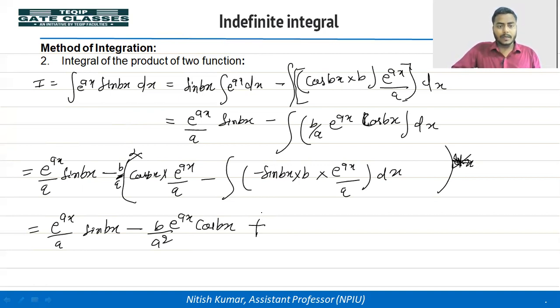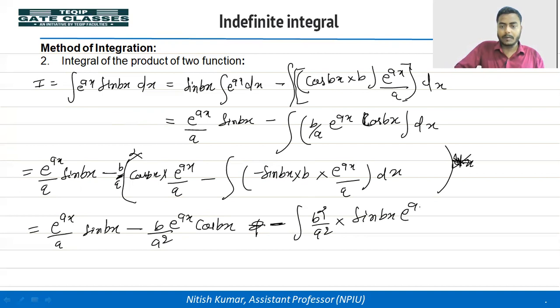And then here it is also minus. So plus, minus, and then again minus. So it would be minus integration of b square by a square into sin bx into e to the power ax dx.